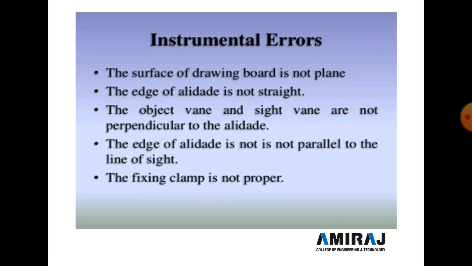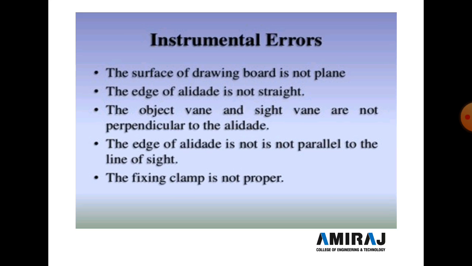So first is the instrumental error. The surface of the drawing board is not a plane. In plane table survey we use a wooden plane table, so if this wooden plate is not perfectly leveled, it is an instrumental error. Second, the edge of the ruler is not straight, meaning the ruler is bent.